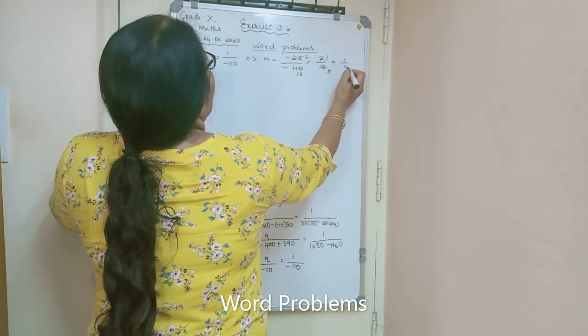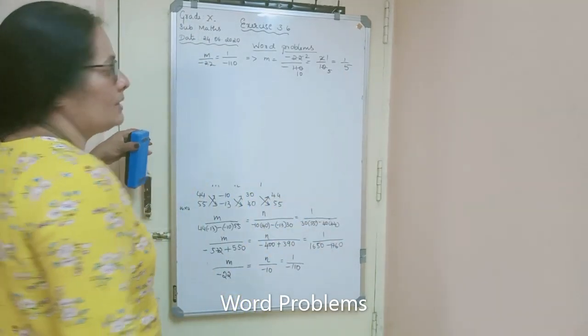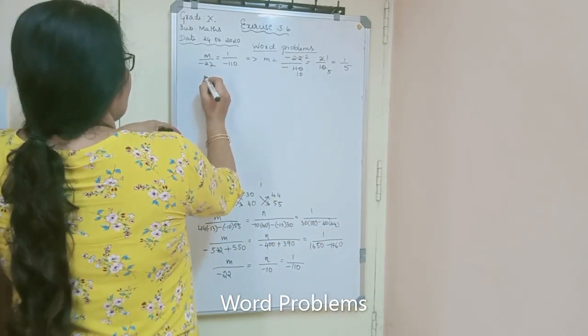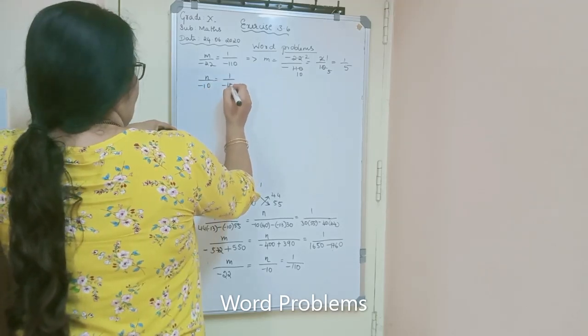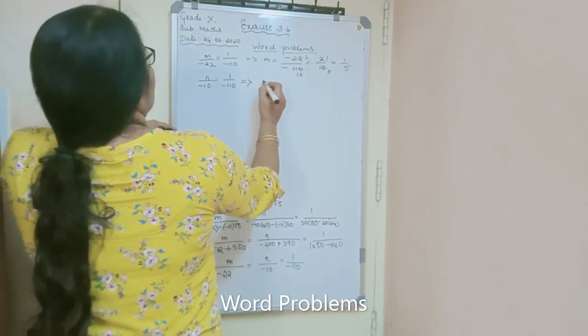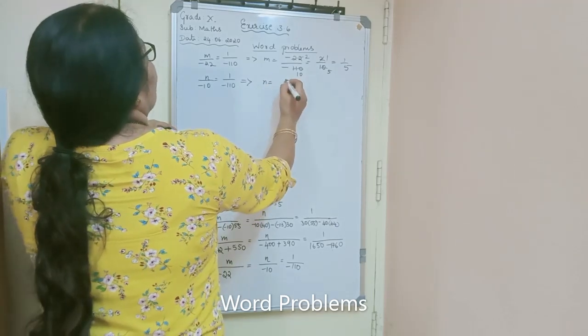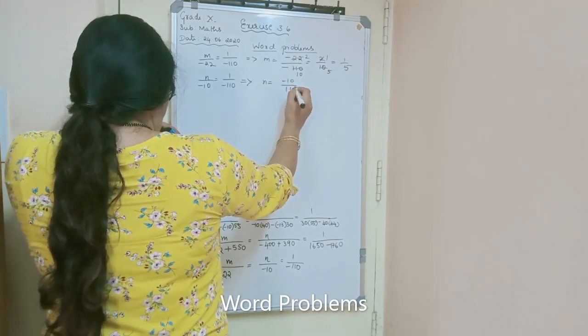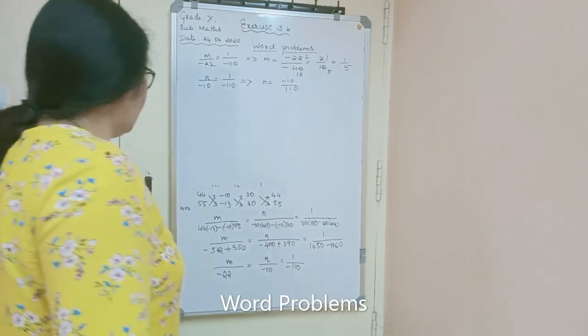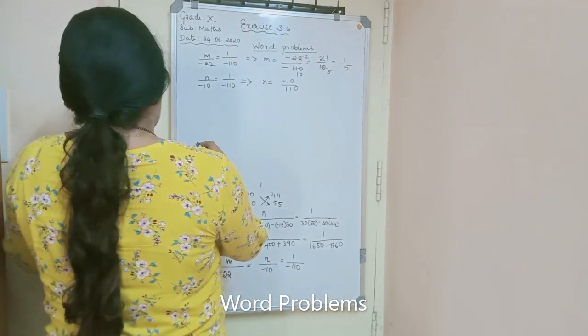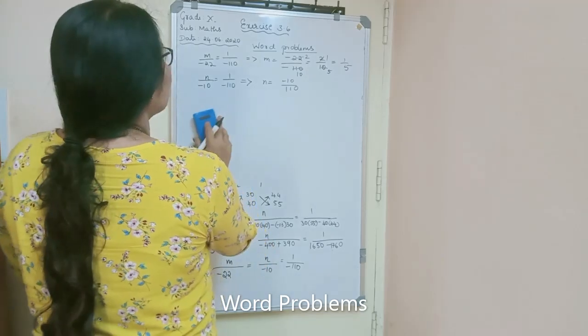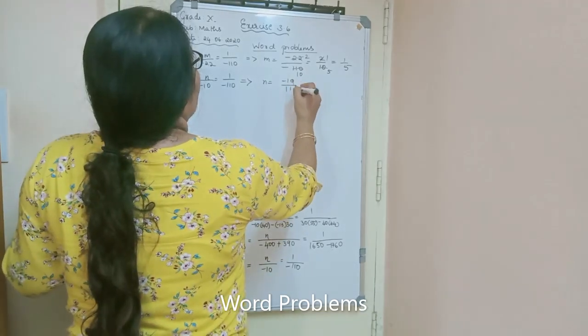So 1 by 5, m is 1 by 5, and n by minus 10 equals to 1 by minus 110. So n equals to minus 10 by 110, which is 1 by 11.